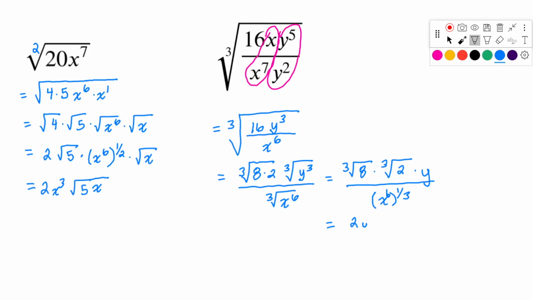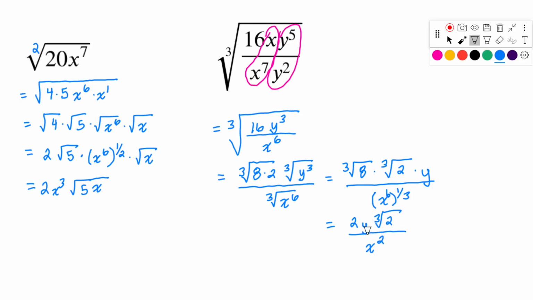We have the y that's no longer under the radical. We have 2y, cubed root of 2 over x to the 6 times 1/3, or 1/3 of 6 is 2. So this simplifies to 2y times the cubed root of 2 over x squared.